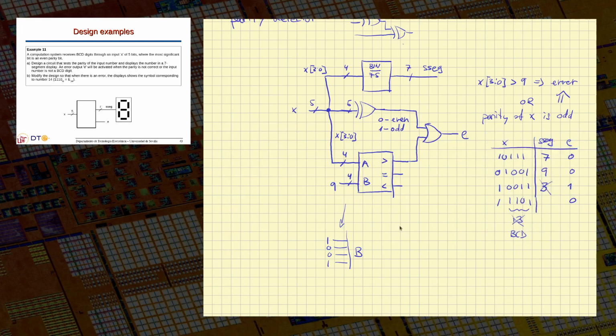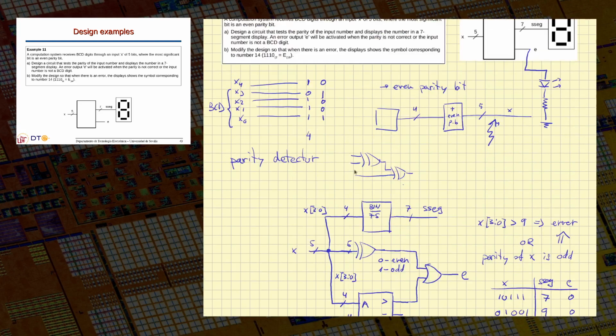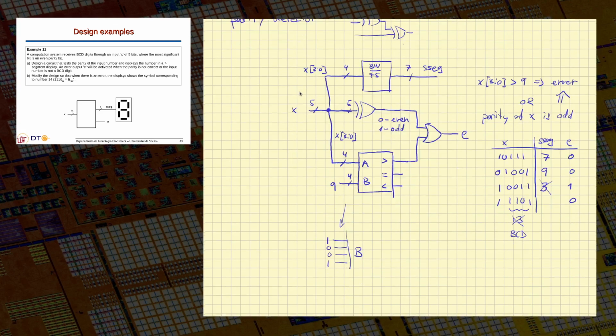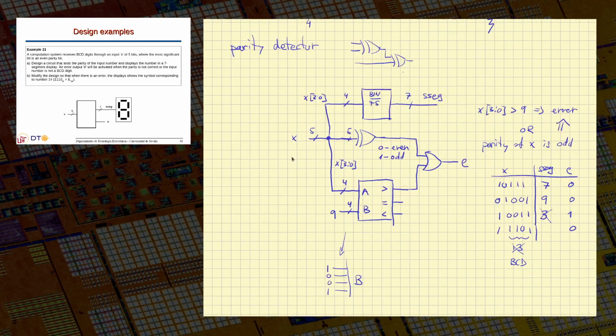Okay, now let's go to the second part. As I told you before, if I have an error here, I don't really know what my 7-segment display will display. It depends on the binary to 7-segment converter. If it's only a BCD converter, it will display some strange value, or just a dash or whatever.